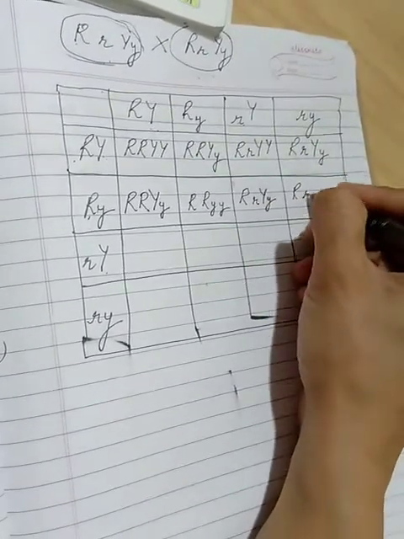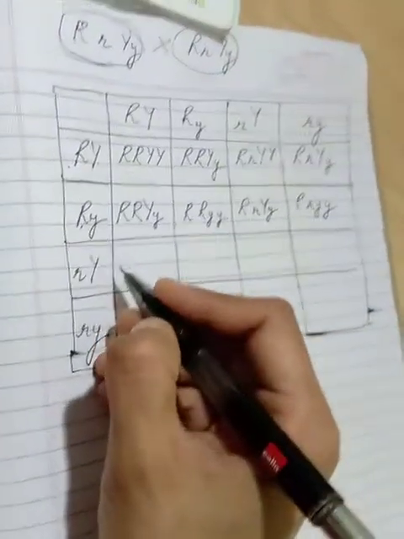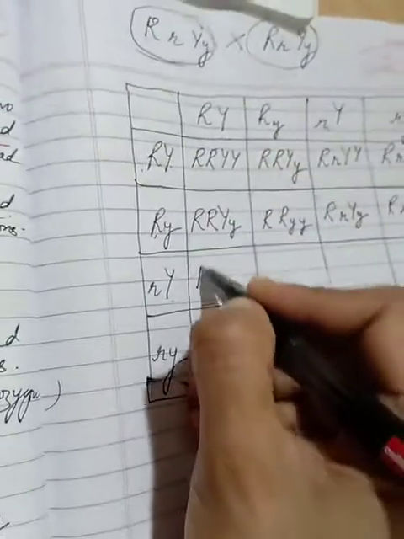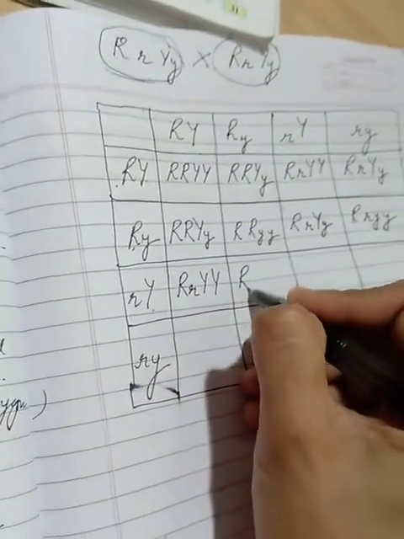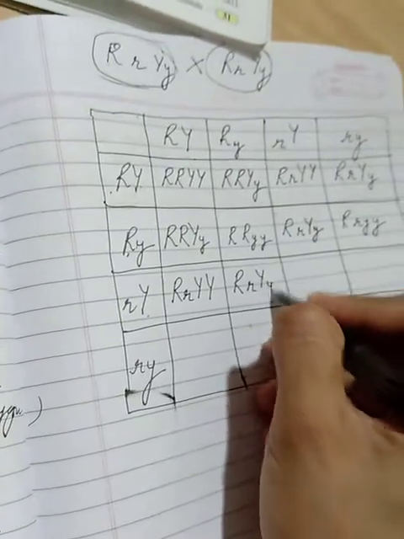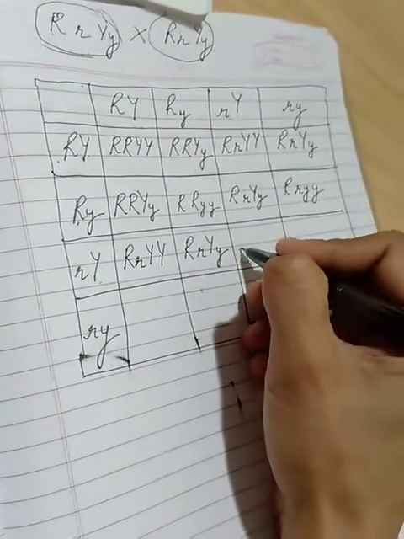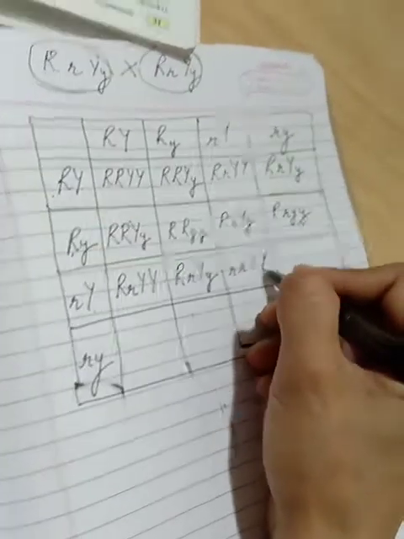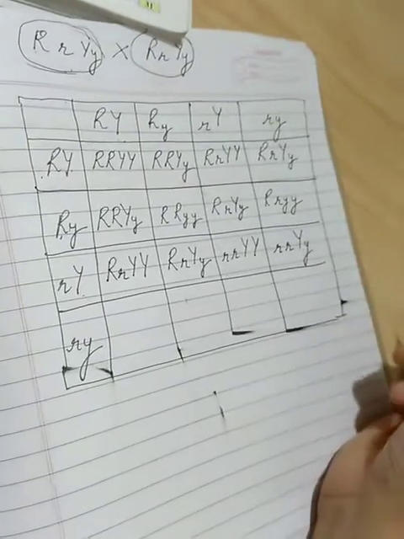Then R, R, Y and Y comes like this. Coming to the third line, again capital first, both capitals. Capital R, capital Y, small y. Then here it will be both small, both capital. Then both small, capital and small.